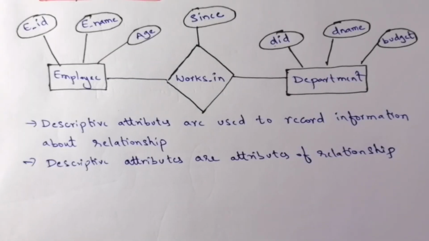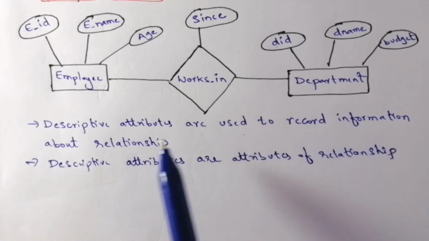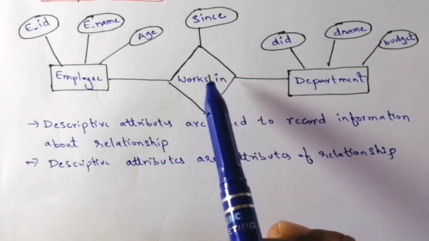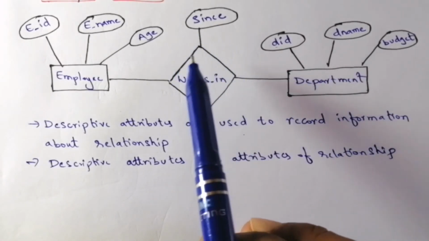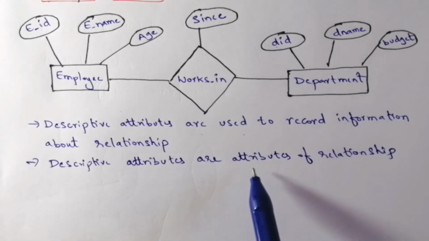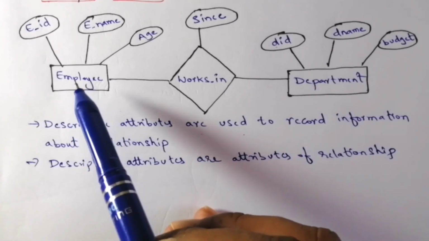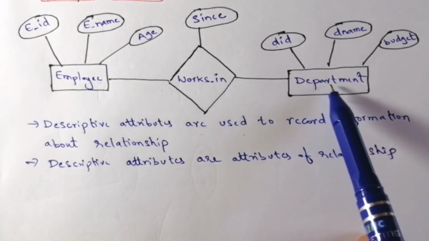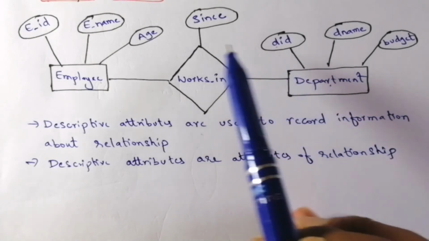Descriptive attributes are used to record information about a relationship. That is, for a relationship we can have attributes that add some extra information about the relationship. So descriptive attributes are attributes of a relationship. Let us understand this example. Suppose an employee works in a department. Suppose there is a department 401 and the employee name is Ram.